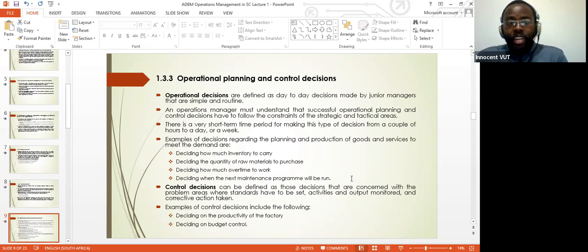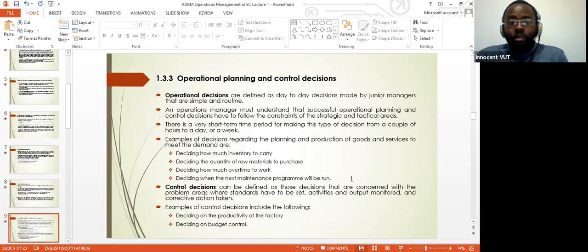So an operations manager must understand that successful operational planning and control decisions have to follow the constraints of the strategic and tactical areas. So these follow the decisions set at the strategic level and at the tactical level.